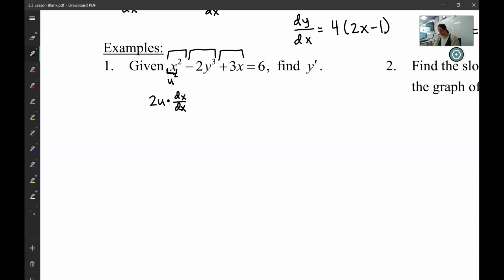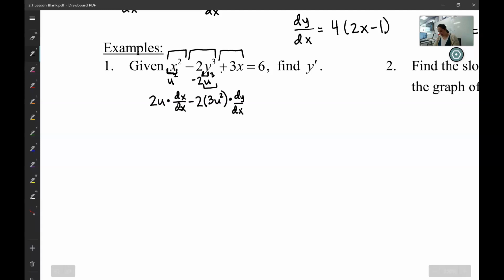Now let's take this next one. So this would be negative 2u cubed. So I'm going to take the derivative of the mommy, so 3u squared, times the derivative of the baby, which in this case is y, so dy/dx.